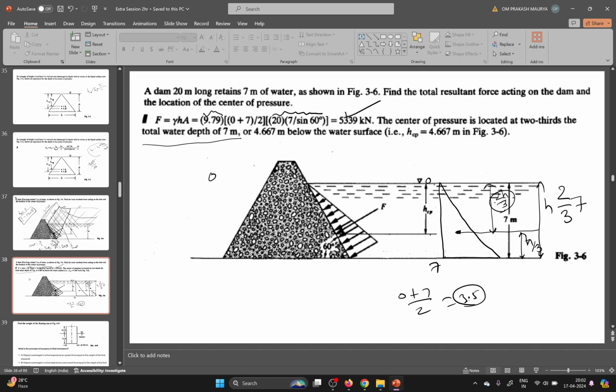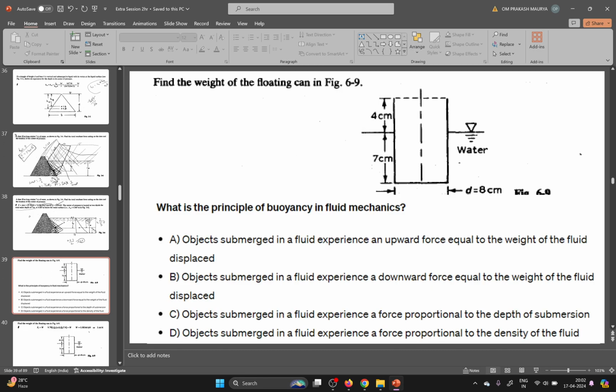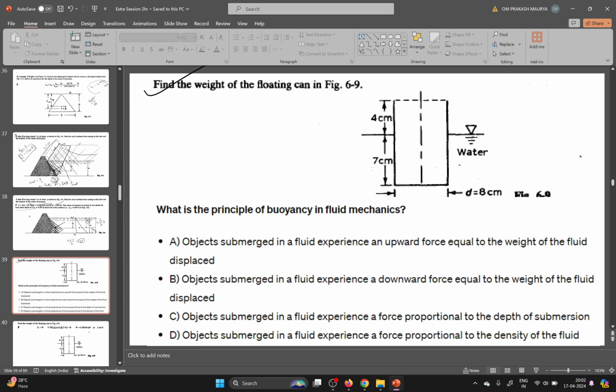Okay, now moving ahead to the next question. This question is very, very important. Find the weight of the floating body in this figure, whatever they have given. Previously we have already solved one question. What is the principle of buoyancy in fluid mechanics?